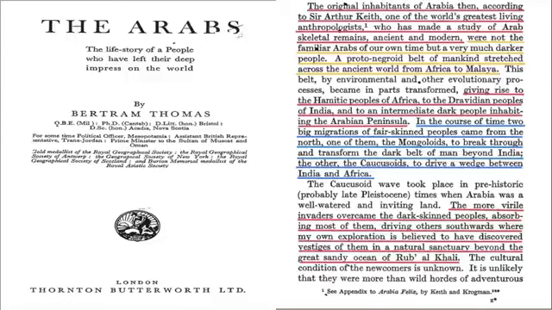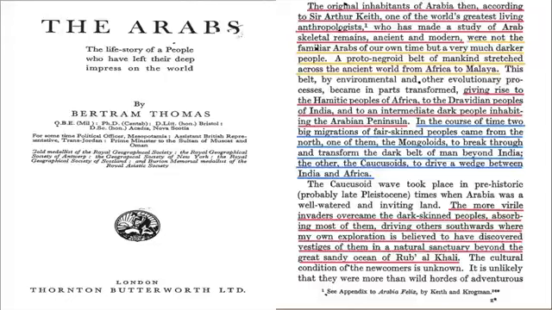So now let's look a little bit deeper into the original Arabian population. This is from a book, The Arabs, by Bertram Thomas. He says, the original inhabitants of Arabia, according to Sir Arthur Keith, one of the world's greatest living anthropologists, who has made a study of Arab skeletal remains, ancient and modern, were not the familiar Arabs of our own time, but a much darker people.